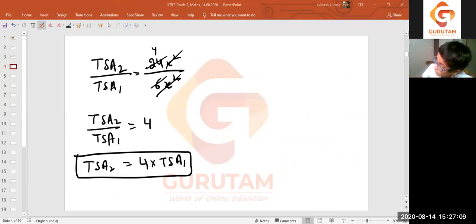TSA2 by TSA1 is equal to 24x square by 6x square.